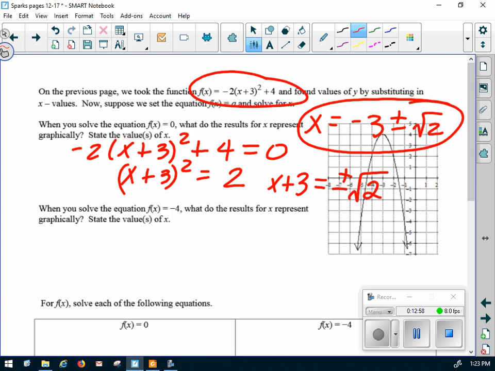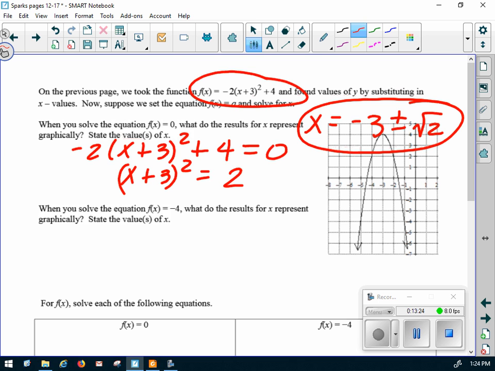Yeah, I want it this way. Now here's the deal. If you put -3 plus the square root of 2 on your calculator, you would get a number between -1 and -2. And if you put -3 minus the square root of 2 on your calculator, you would get a number between -4 and -5. The reason I didn't want you to go to your calculator, this is the exact answer.